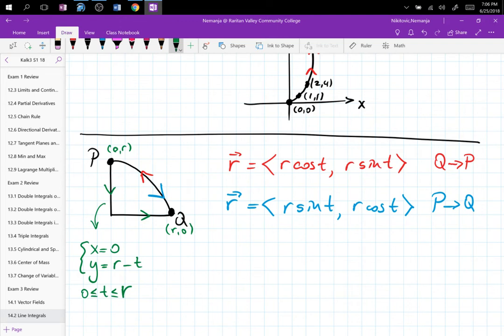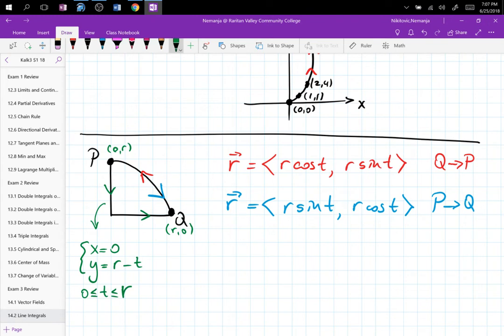Now let's check again. If I plug in 0 for t, because the first value t takes on as time ticks on is going to be 0, that dies, and I have 0, r, and 0, r is my starting point P, because I'm going down the line. I want to go P to Q. So that's great.